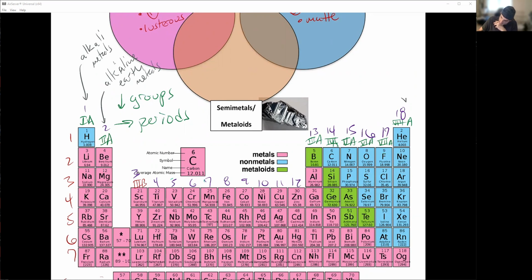Group 18, noble gases. Group 17, this is the most important one, is the halogens. You're going to hear that word used a bunch, so just know that that's the halogens. Group 16, this is never used, but I know it. Chalcogens. And group 15 has a name, and they all have some special name.